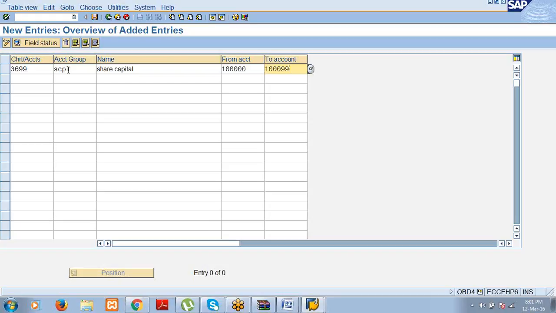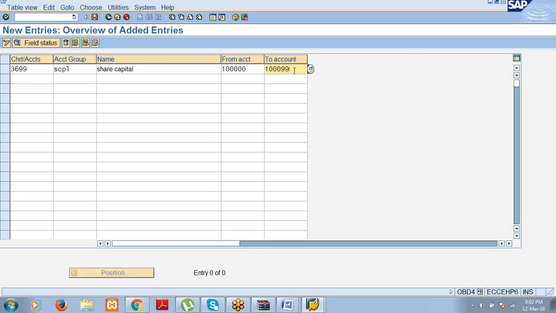That is the reason why from account 1 lakh. Then to account I have given 1 lakh 99 because there is a need to create 100 GL accounts under the shared capital account group. For every GL account, there should be a number. So 100 GL accounts means 100 numbers should be there. That's why I have given to number 1 lakh 99.